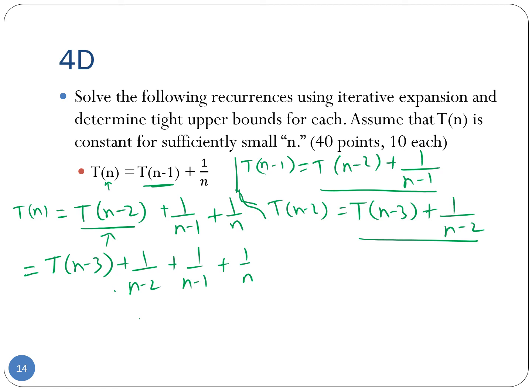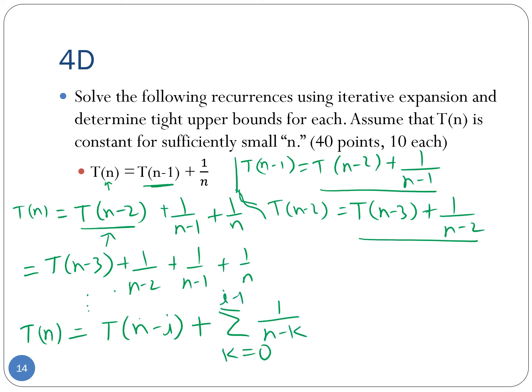For the ith term, T of n is equal to T of n minus i plus the summation for k going from 0 to i minus 1 of 1 upon n minus k. So this is our ith term. Let's continue this on the next slide.